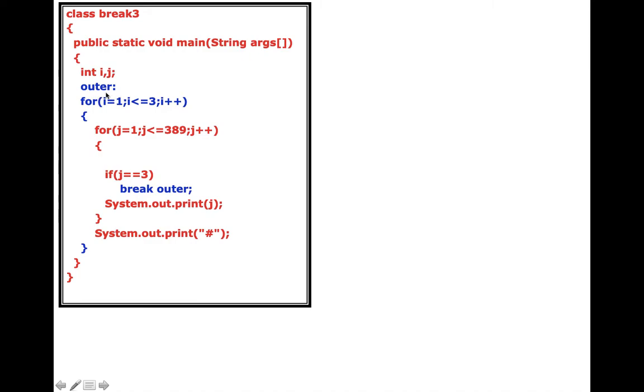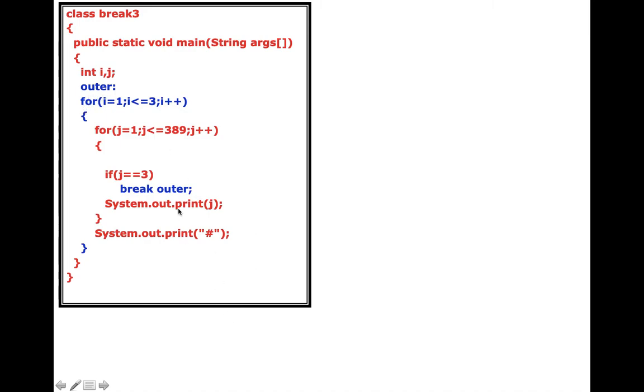The label outer is the label of this entire for loop. I repeat, the label outer is the label of this entire for loop. Don't forget that this for loop is also a block which starts over here, and it ends over here. So basically this for loop is a block and the block has label outer.